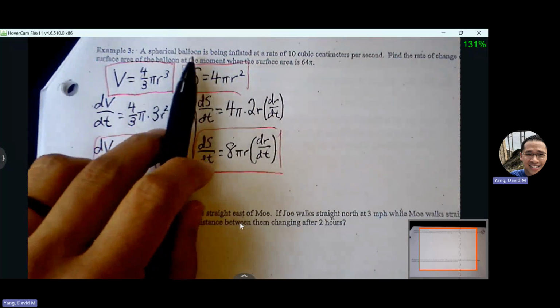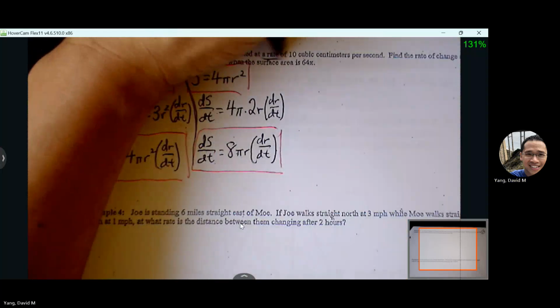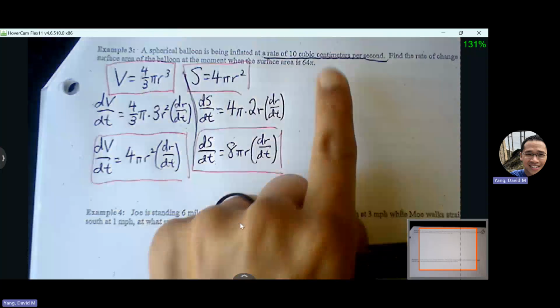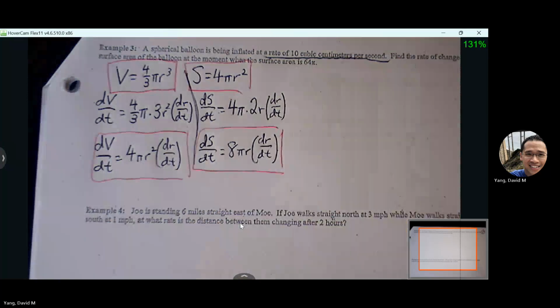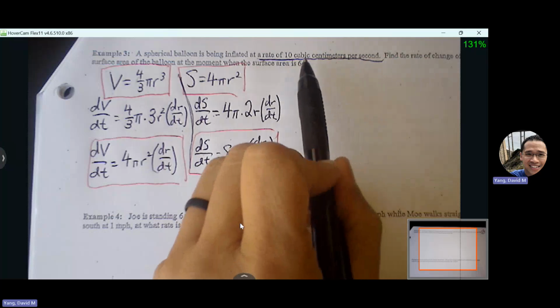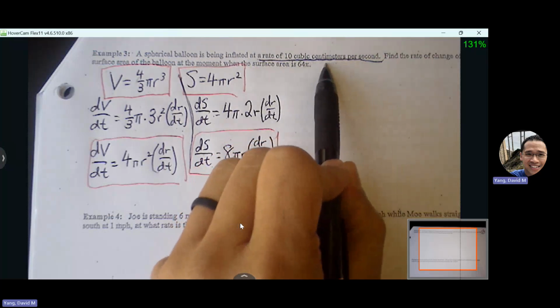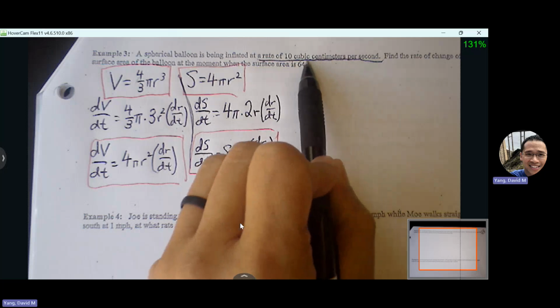A spherical balloon is being inflated at a rate of 10 cubic centimeters per second. All right, what variable do you think that is talking about? Okay, let's break this down here. Cubic centimeters, that's what? That's 3-dimensional, right?